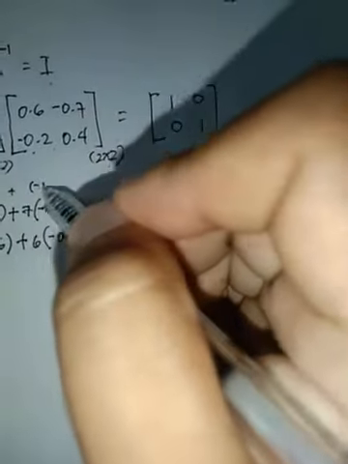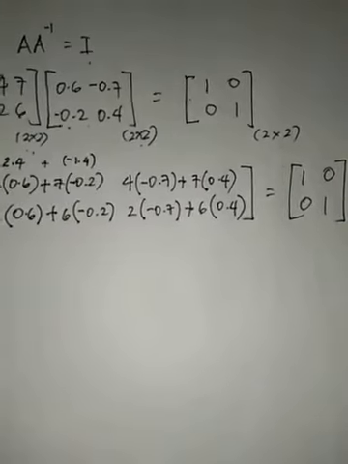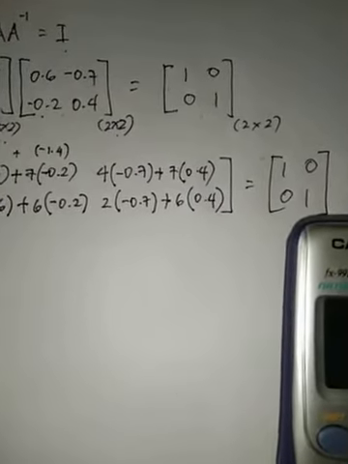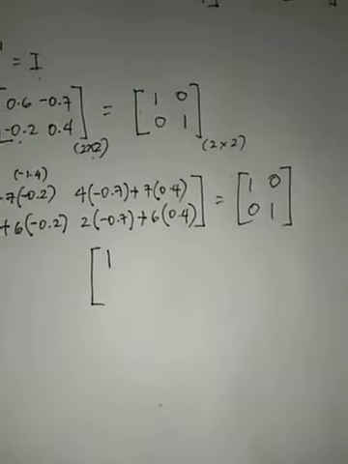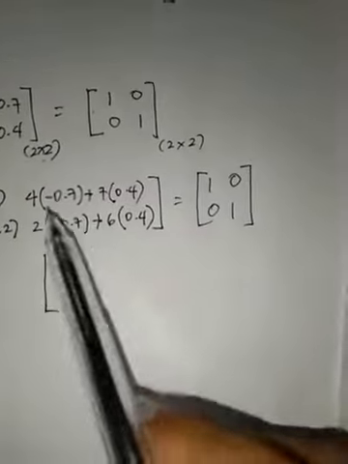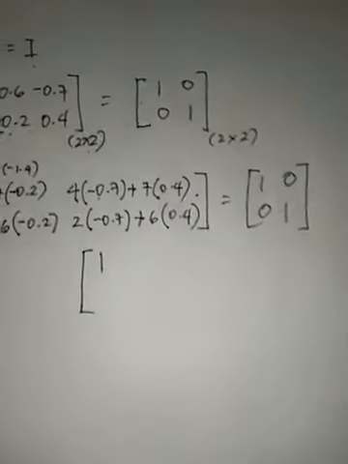So it is negative 1.4. Okay. 2.4 plus negative 1.4. So the result is what? 1. Tama? Okay. Ito naman, 4 times negative 0.7.